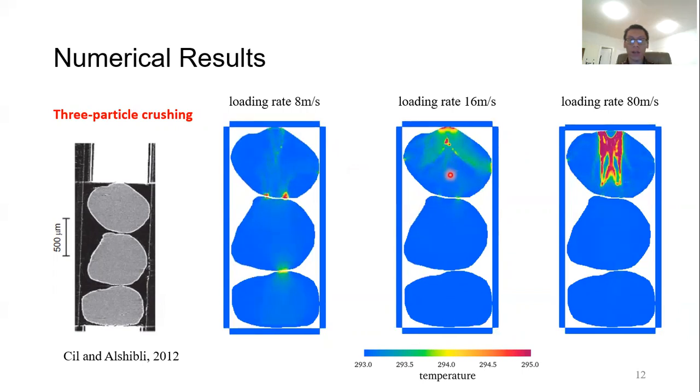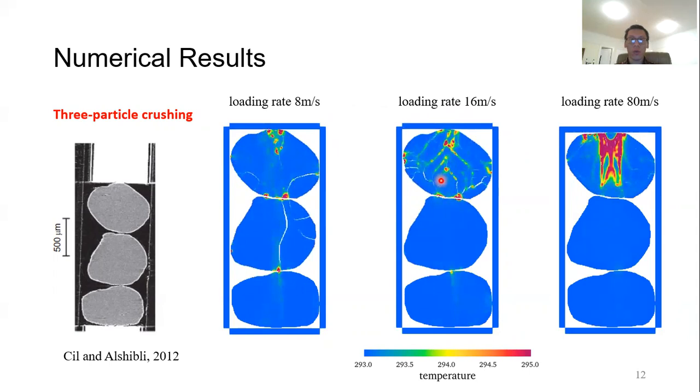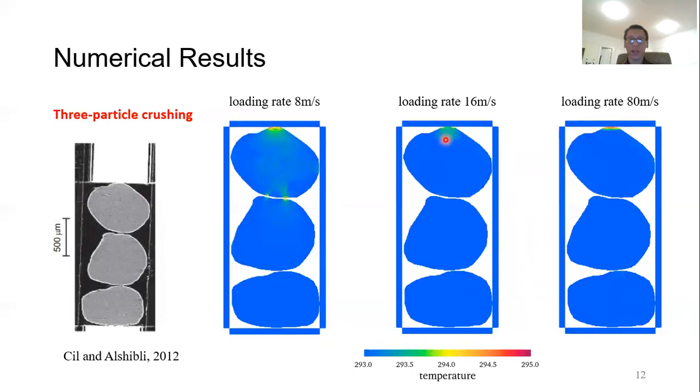And the crack pattern shown here shows that as we increase the loading rate, the crack pattern becomes much more complicated, particularly for the top grain, which is completely fragmented. The reason is that when we increase the loading rate, the crack branching is much more intensive, and this leads to a more complicated and more fragmented crack pattern.